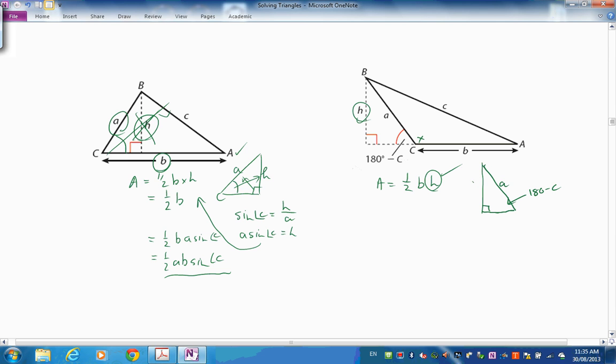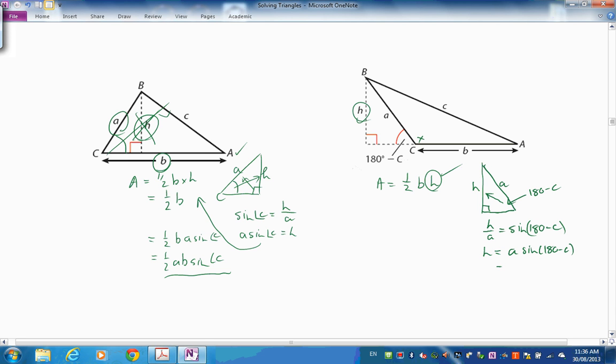So what's H? Here we can say H over A is the sine of 180 take C. So H equals A times the sine of 180 take C.